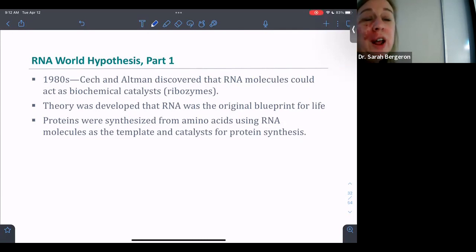If it's RNA but functions as an enzyme, we call it a ribozyme. Give me an example of a ribozyme. It sounds really similar. It's an enzyme that catalyzes the transfer of mRNA into protein. A ribosome.